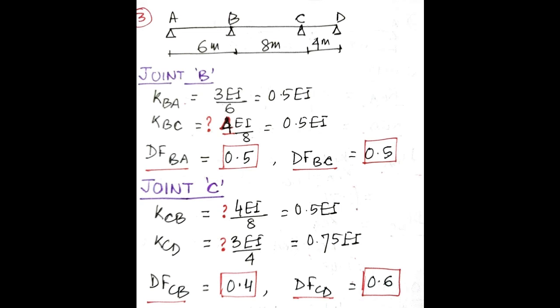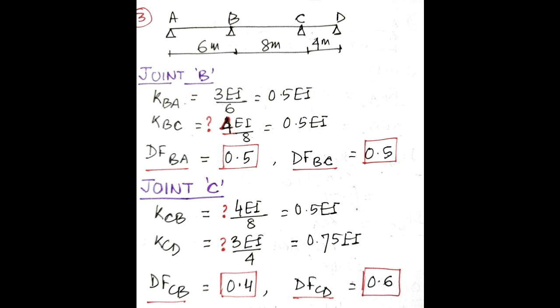Now again, like the previous problem, tell me what is the stiffness factor at BA. Stiffness factor at BA will be 3EI by L. But while we are considering BC, it will be 4EI by L. Why? Because while we are considering the member BC, C is not the extreme right support.